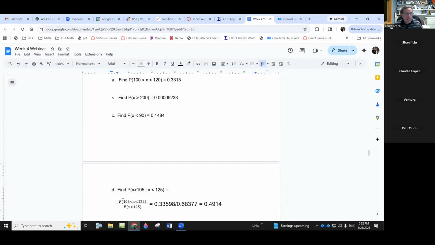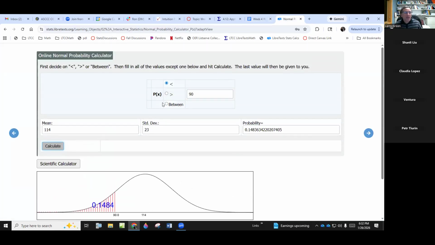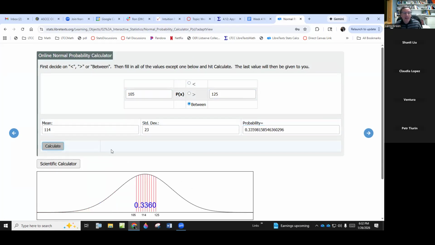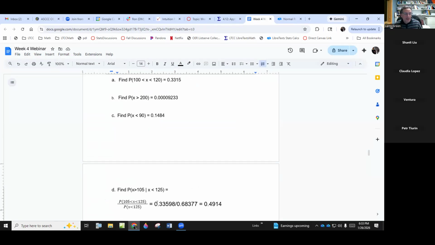So let's first find between 105 and 125. We don't know the probability, so I leave that blank and hit calculate. And you get about 0.33598158.5, etc. So that's how I got this 0.33598.